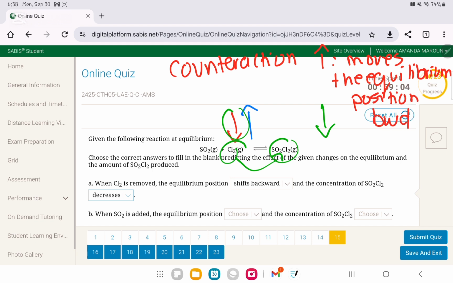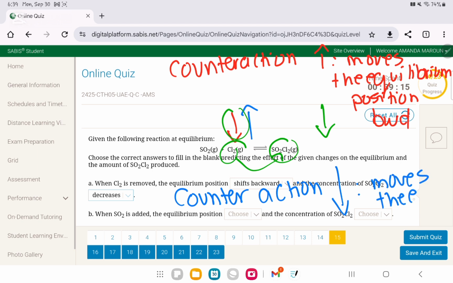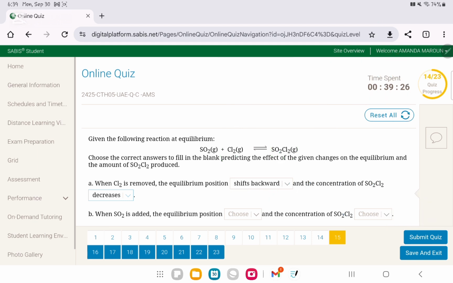However, if the counteraction decreases, then it moves the equilibrium position forward. So let's re-explain it since we have this rule in mind.